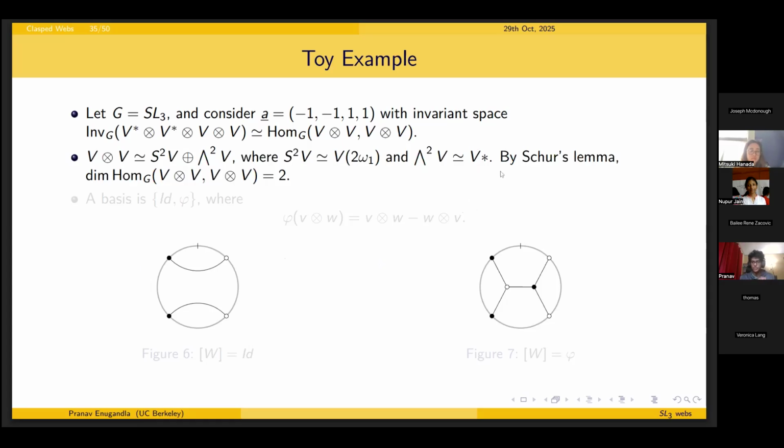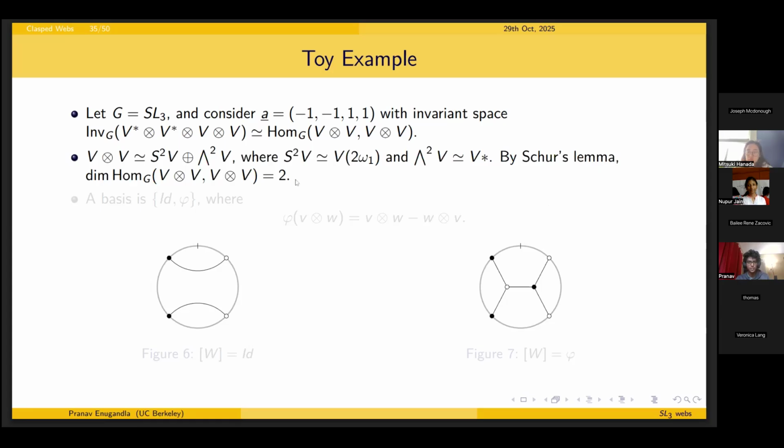But if you know representation theory, you have these two distinct irreducibles, and you have the sum of these, and you want to count maps from the sum of these two irreducibles to itself. Schur's lemma tells you that an irreducible representation cannot map to any other irreducible representation. It can only map to itself, and any such map is just a scalar because I'm working over the complex numbers.